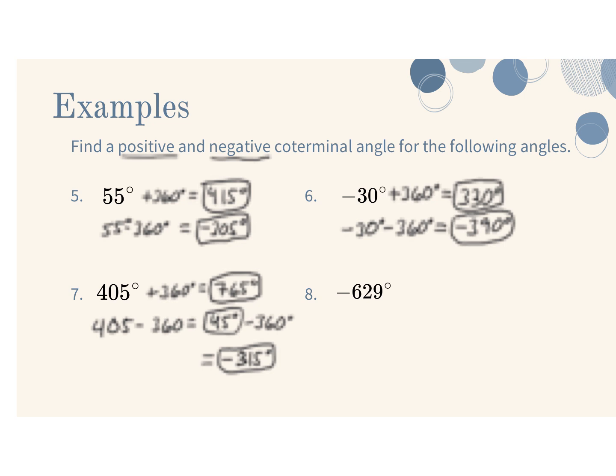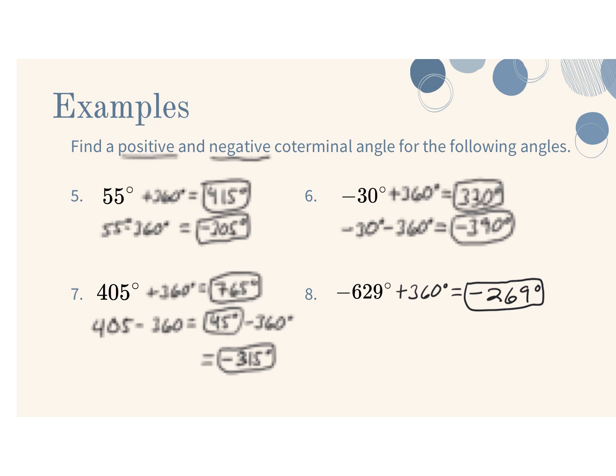Let's try the same thing with negative 629. If I add 360 degrees, what does that get us? Negative 629 plus 360 should get us negative 269, which is a valid coterminal angle, it's just negative.